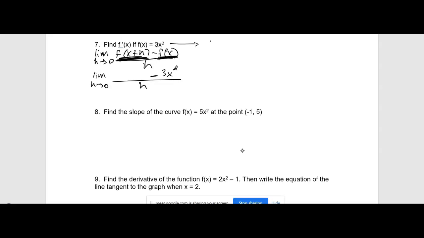So if I now took this function and write it with a composite of x plus h, instead of just having 3x squared, I'm replacing the x with the new composite of x plus h. And that then is what's going to go right here.